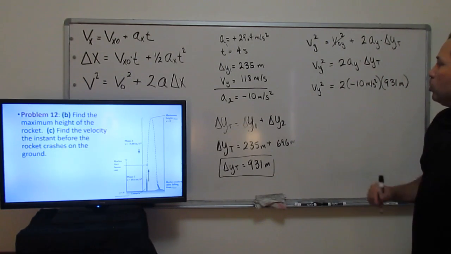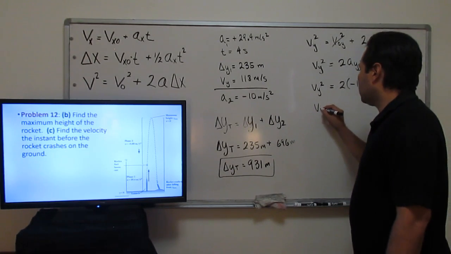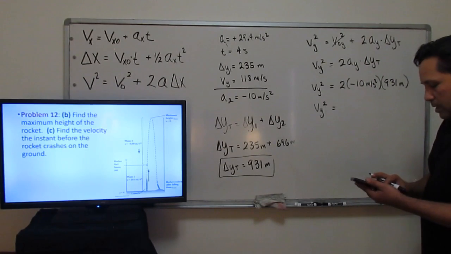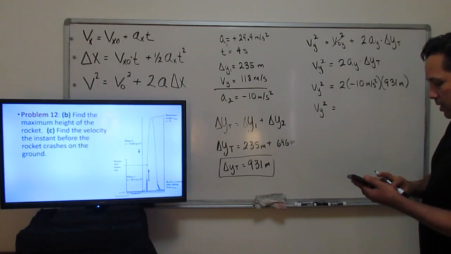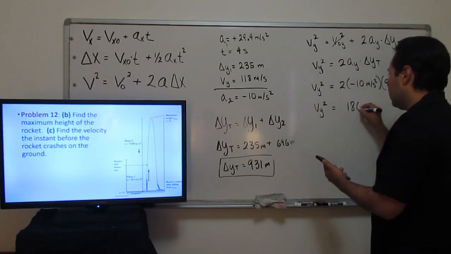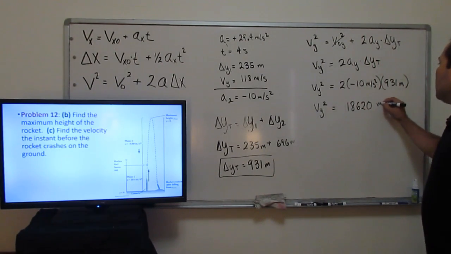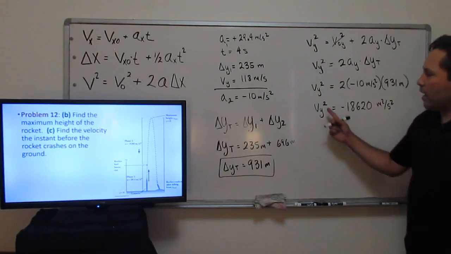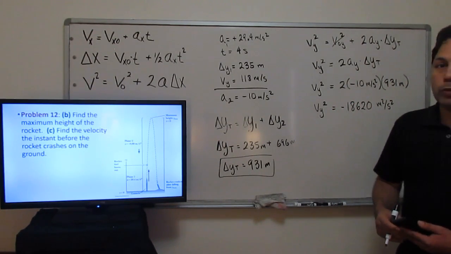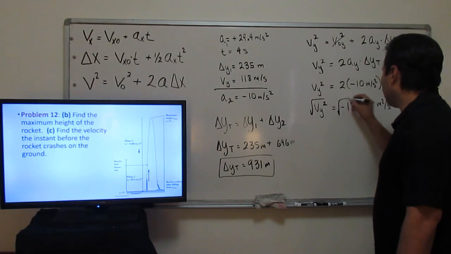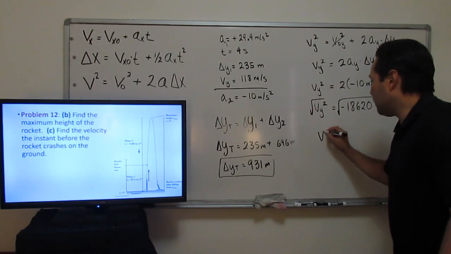So it's going to multiply all of these: 931 times 10 times 2 gives us 18,620 meters squared per second squared. Notice the negative, negative. I need to get rid of that square, so we're going to square root it to get Vy.